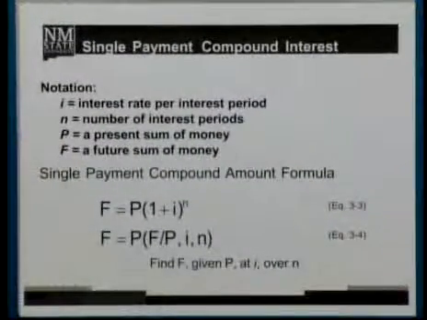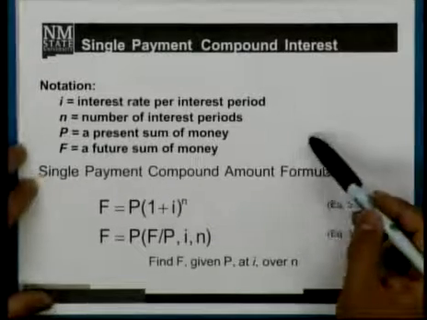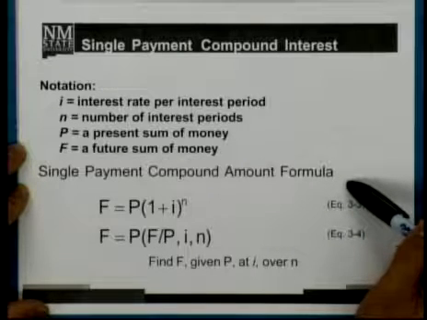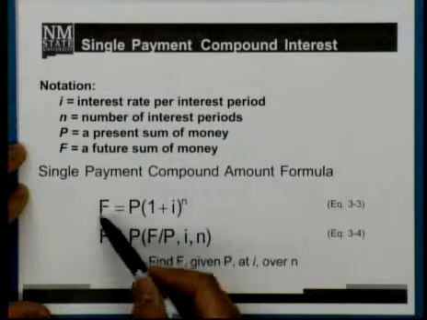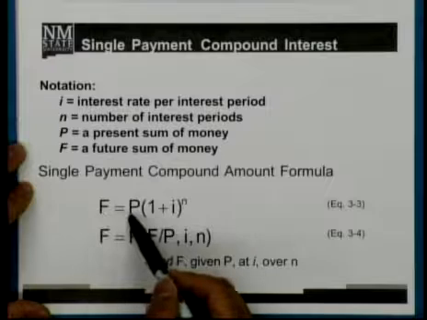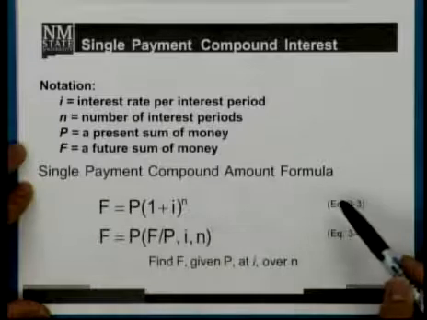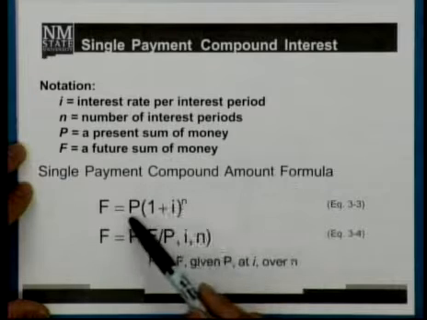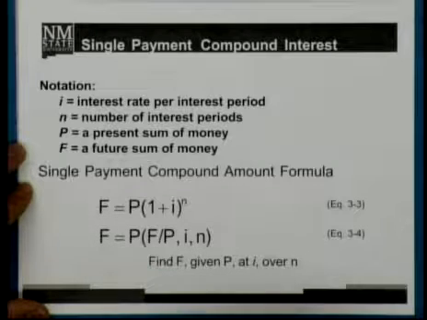In order to facilitate the equivalence computation, we use this notation and the single payment compound amount formula, especially to find a future sum of money given the present sum of money. This formula represents a relationship between the present sum of money and its equivalent future sum of money, right?